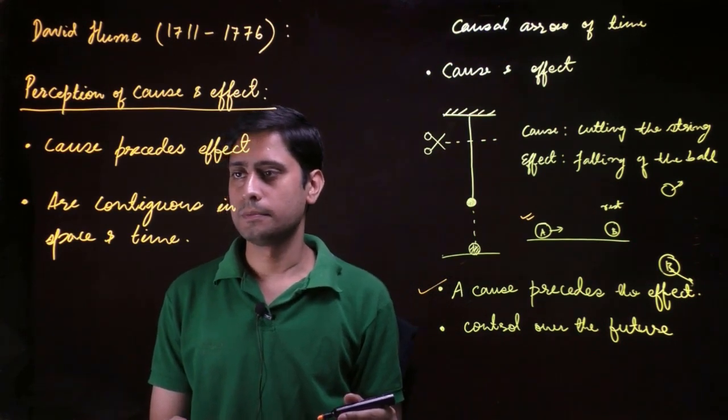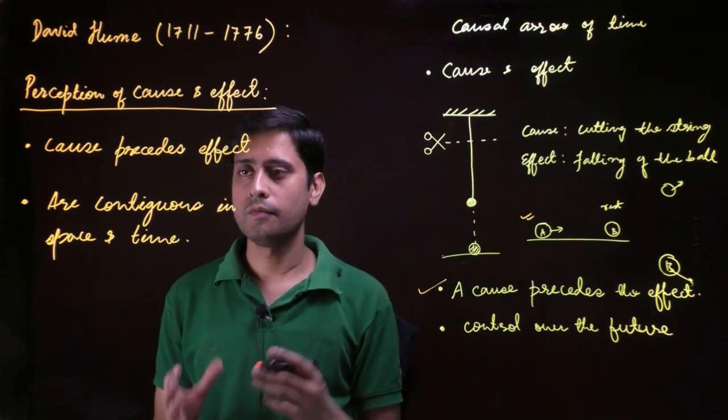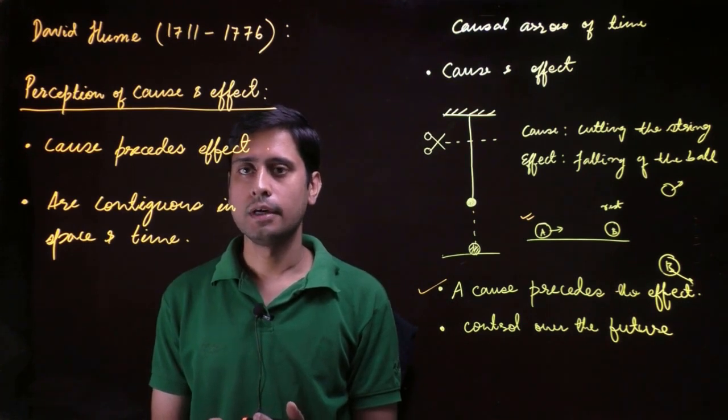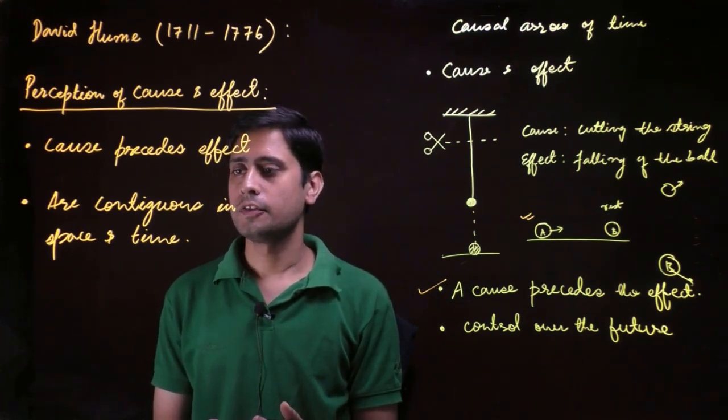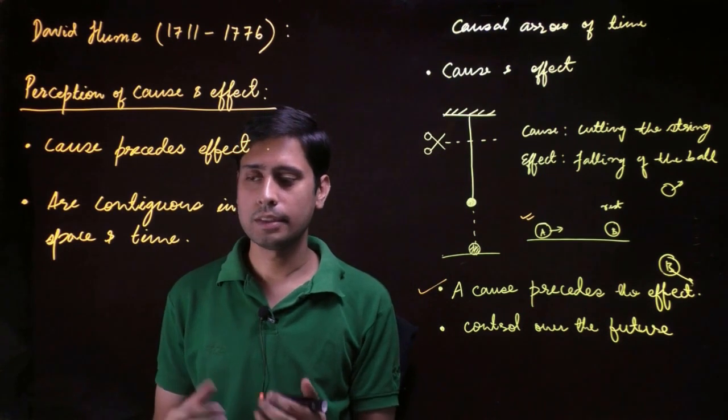So the events of cause and effect are contiguous in space and time. So what does this mean?